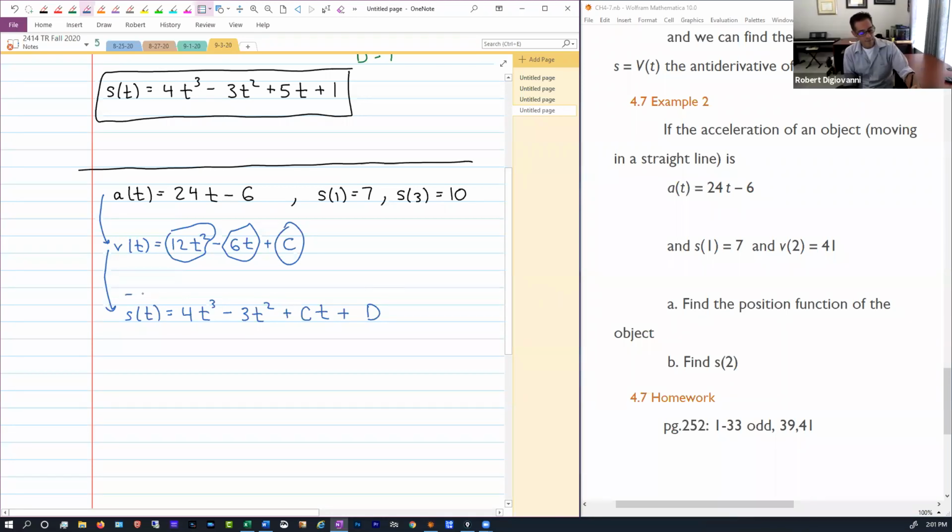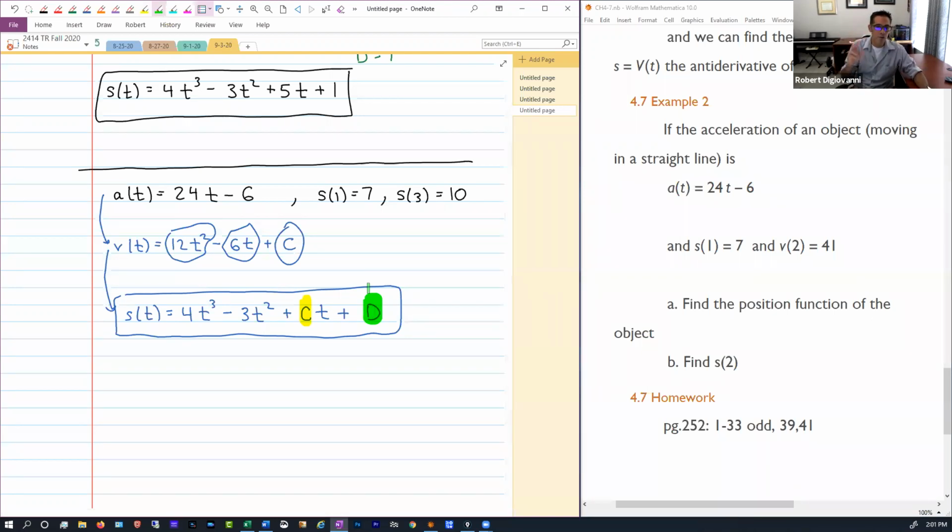Now you have the position function, but you don't know what C is, and you don't know what D is. There are 2 things you don't know, but you do have 2 pieces of information about the position. First, S of 1 is 7.